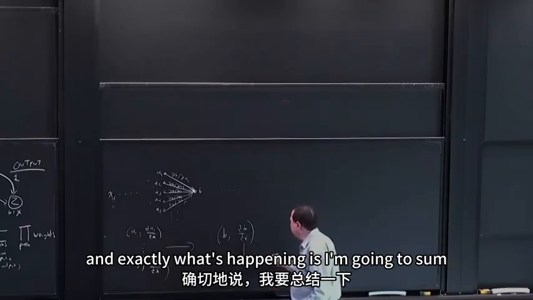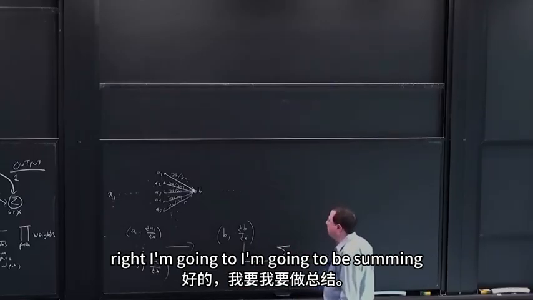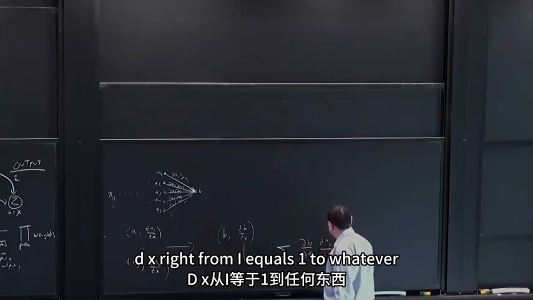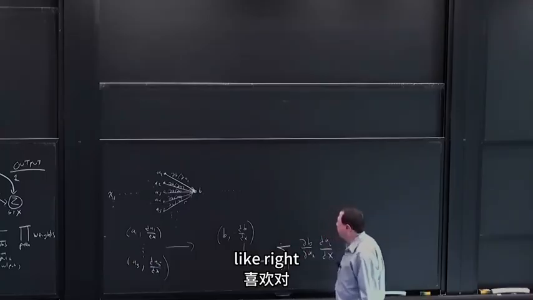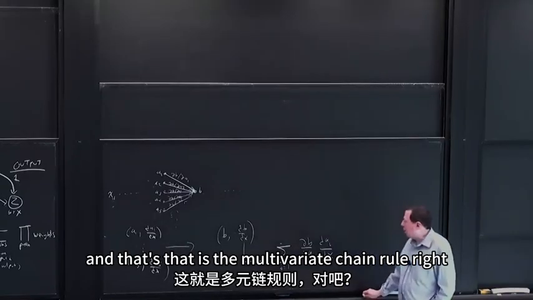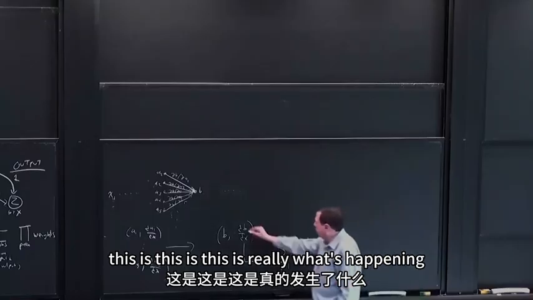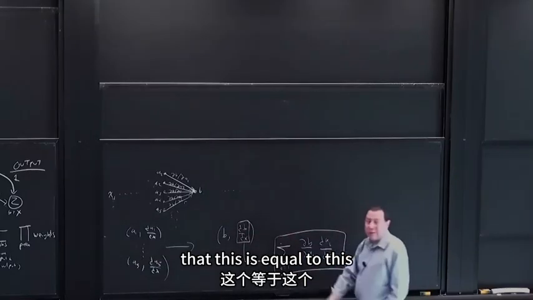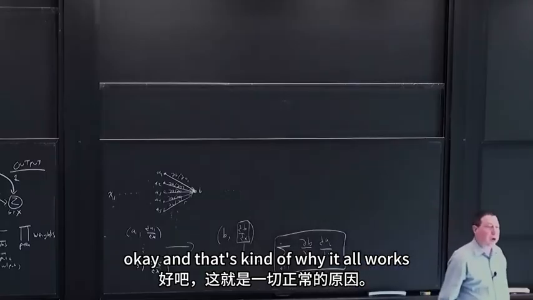What's happening is I'm going to sum dB/dAi times dAi/dx, from i equals 1 to whatever. That is the multivariate chain rule. This is really what's happening, this is equal to this, and that's why it all works.